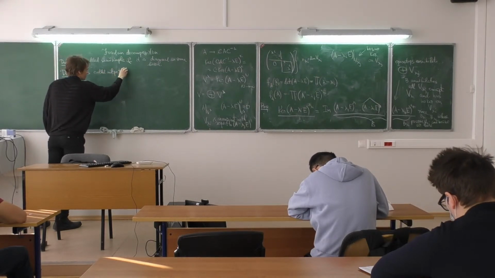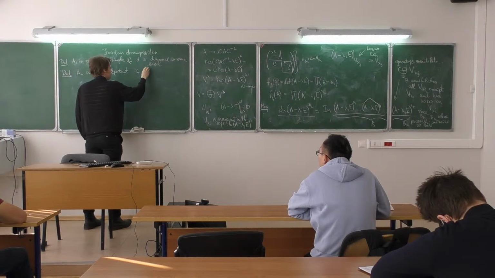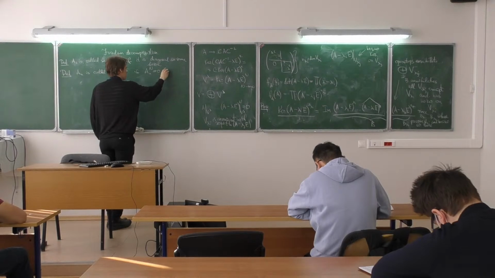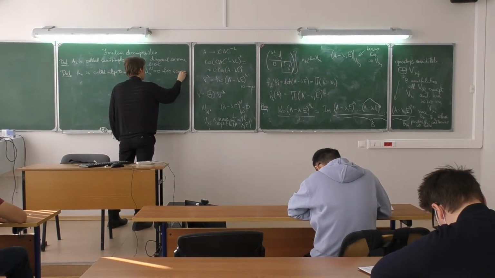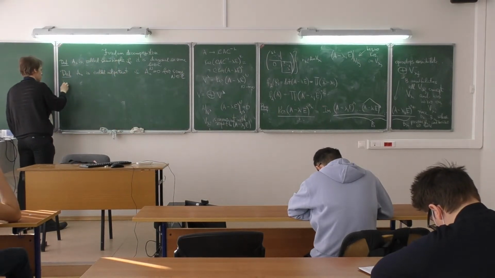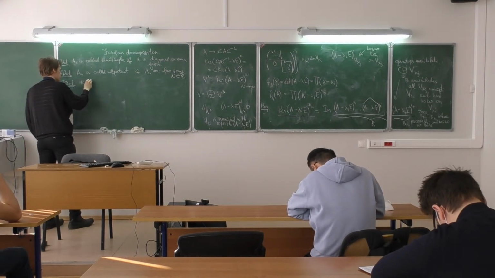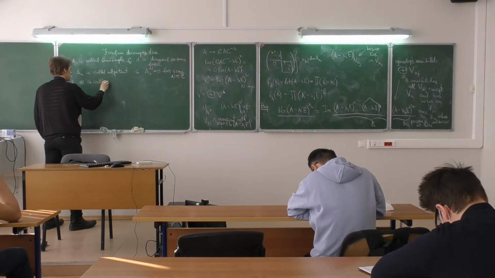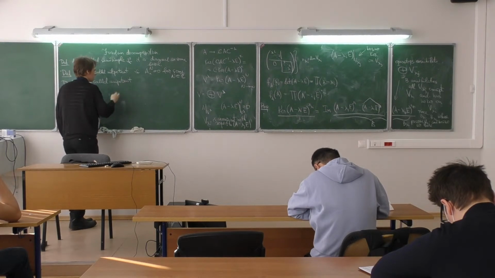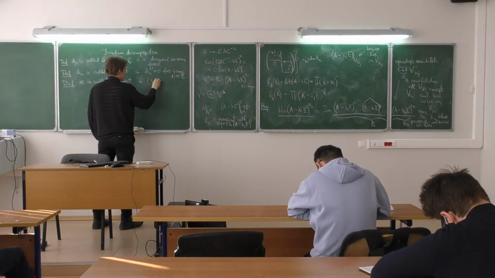If it is nilpotent as an element of the associative algebra, so its power is equal to 0 for some n. Here we shall also need unipotent elements. U is called unipotent if 1 minus u is nilpotent.